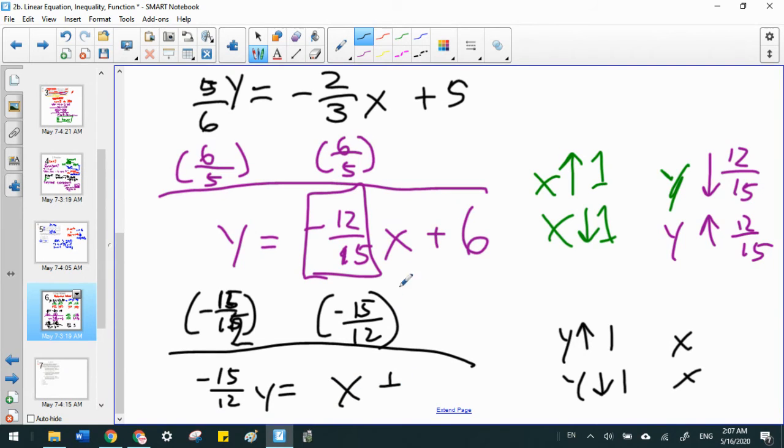And then over here, I'm not even going to bother figuring out what 6 times negative 15 over 12 is, because that's not going to help me describe the change between x and y. So now, when y goes up by 1, I would expect x to go down by 15 over 12. And if the y value were to go down by 1, I would expect x to go up by 15 over 12.